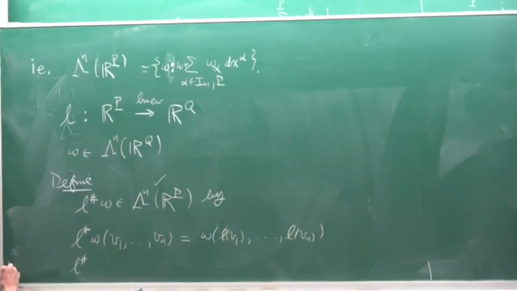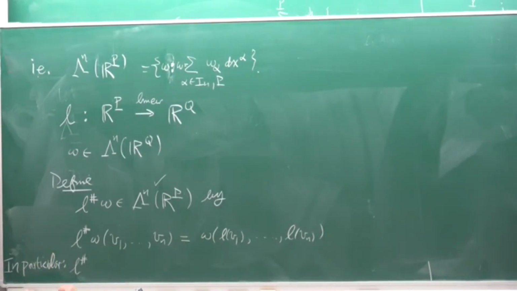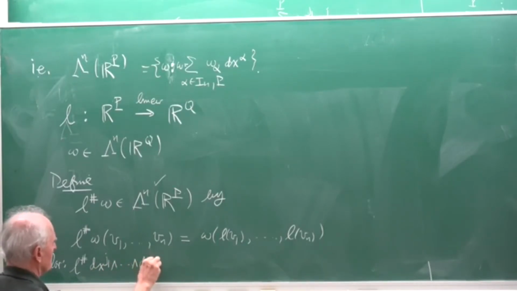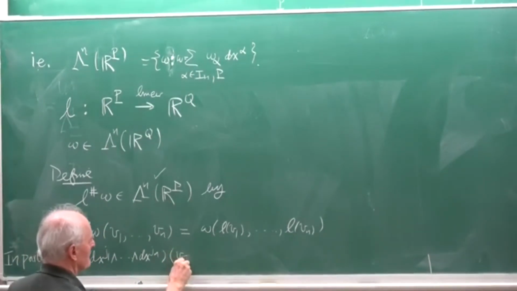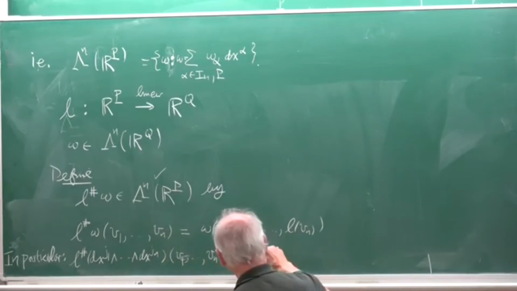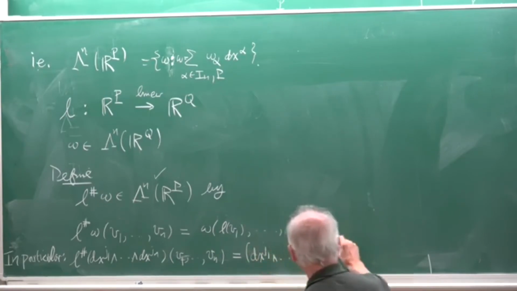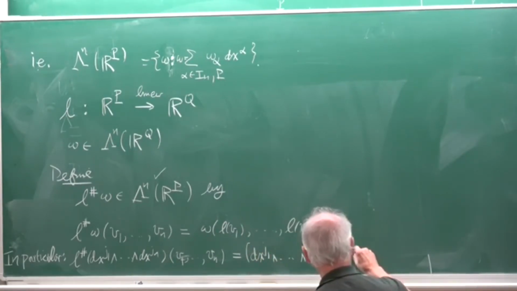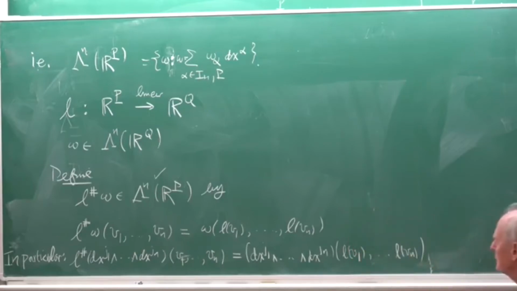In particular, L sharp of dxj1 wedge up to dxjn, hitting v1 up to vn, is equal to dxj1 up to dxjn hitting Lv1 up to Lvn, like so.